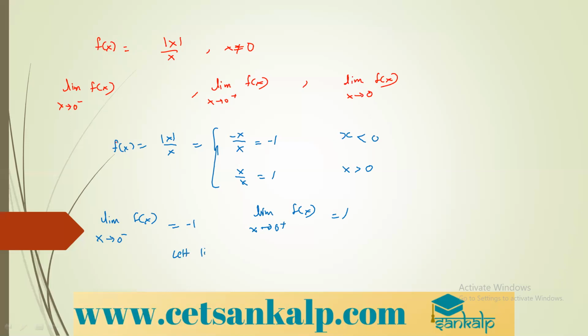So left limit is not equal to right limit. If left limit is not equal to right limit, then limit of f of x as x approaches 0 does not exist. DNE means does not exist.